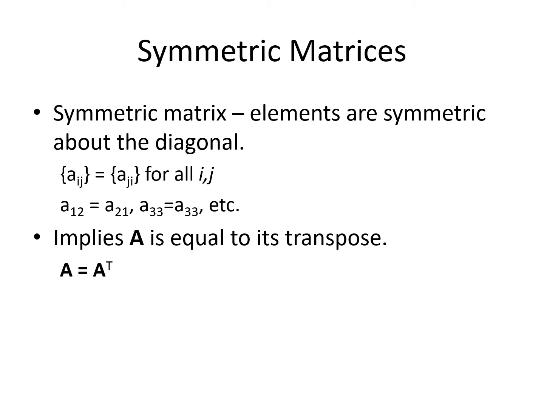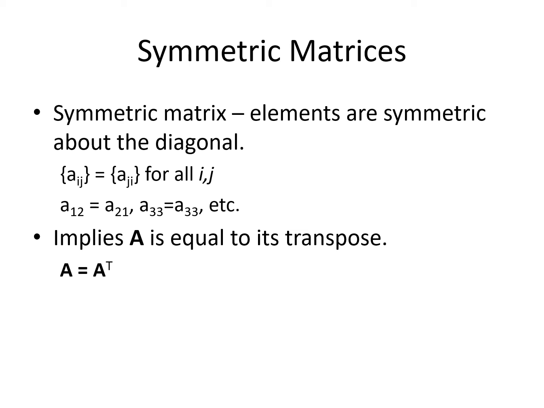Similarly, the next type of matrix is called a symmetric matrix. A symmetric matrix is such a matrix that if we exchange its rows by columns, the matrix is not changed. In short notation, it is written as {Aij} equals {Aji} for all i, j.